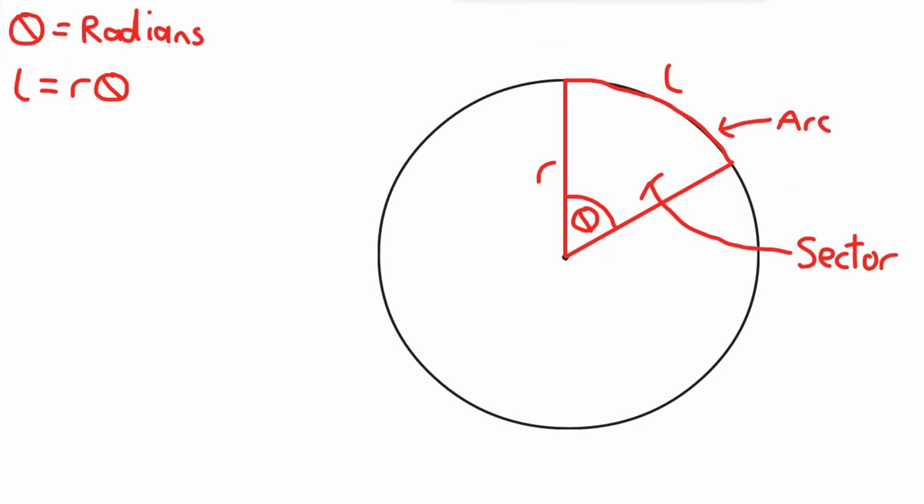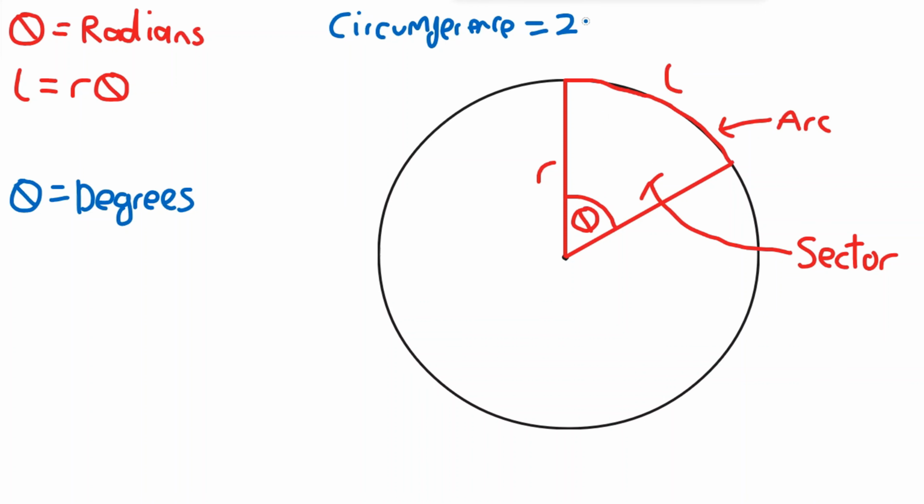Now, if this angle was instead in degrees, this formula would become a lot more complicated. So what we would have to do, so the circumference of a circle, hopefully you know this, circumference of the circle is equal to 2 pi r. So this is this entire edge here, but we're only interested in this part here.